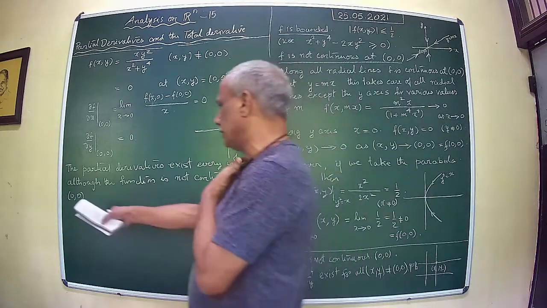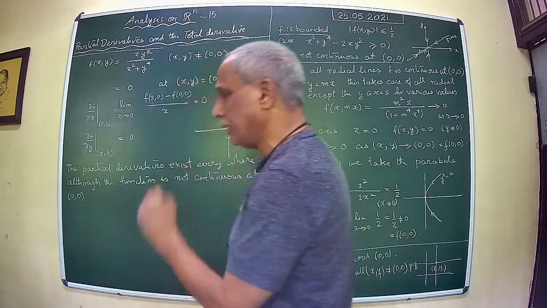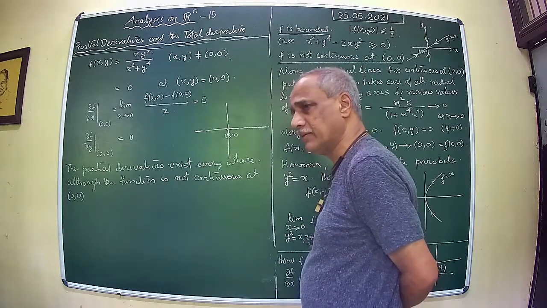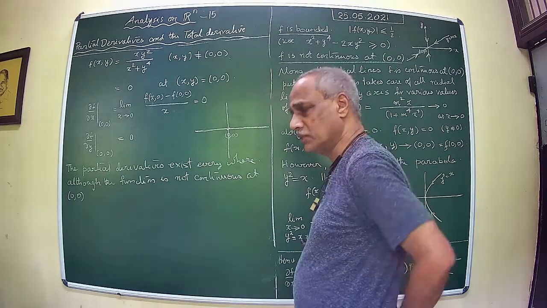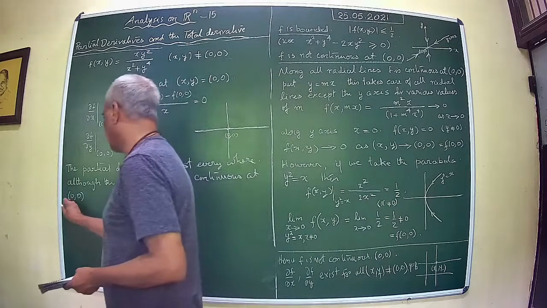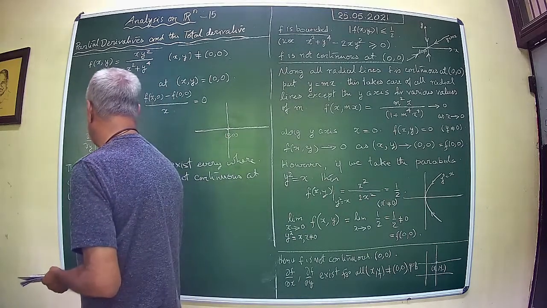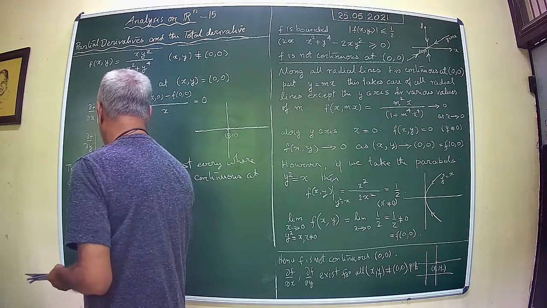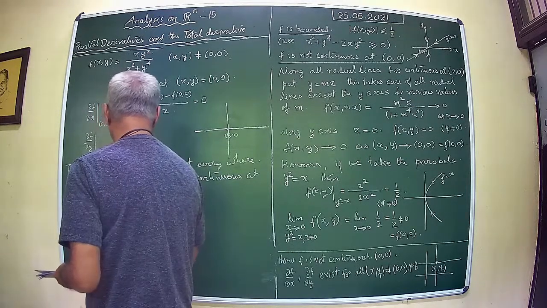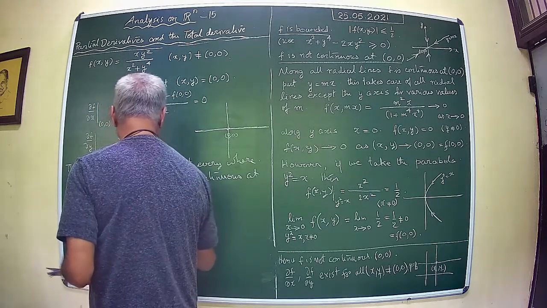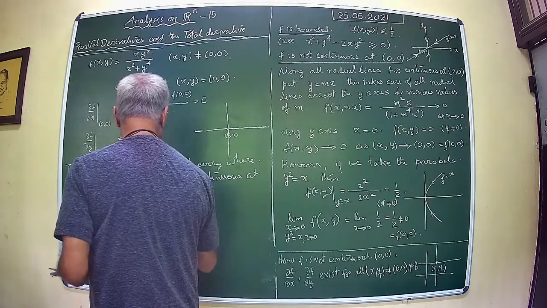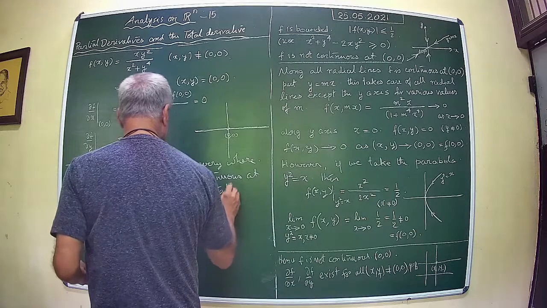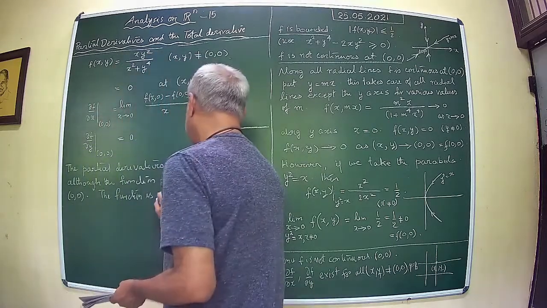The point of discontinuity is 0, 0, and there both the partial derivatives exist, although the function is not continuous. Therefore, you see that the function is not differentiable.